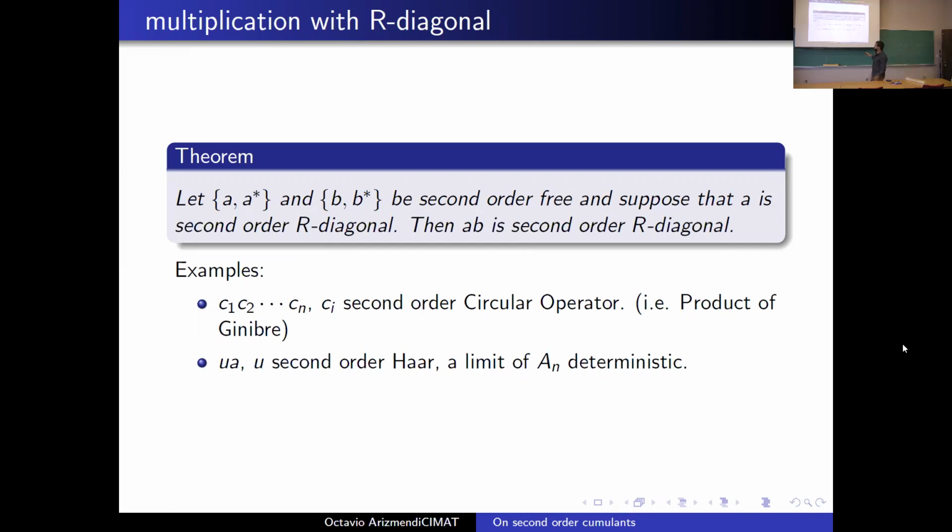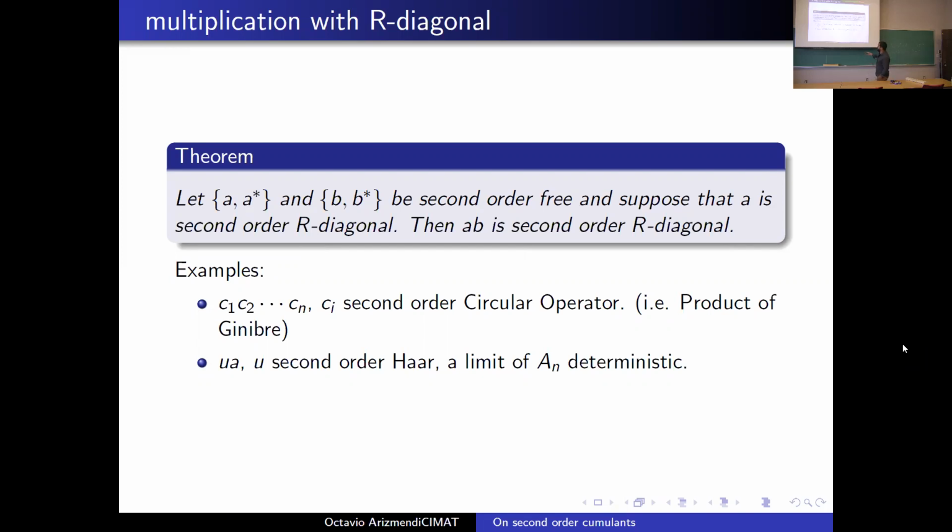So in particular, since a circular operator is like the limit of a Ginibre ensemble, if I take the product of them, then this will be an R-diagonal operator. So just by proving this, I am telling you a lot about the joint cumulants of the product of the Ginibres. I am just saying that you should only look at the cumulants of the form AA star at first and second order level.